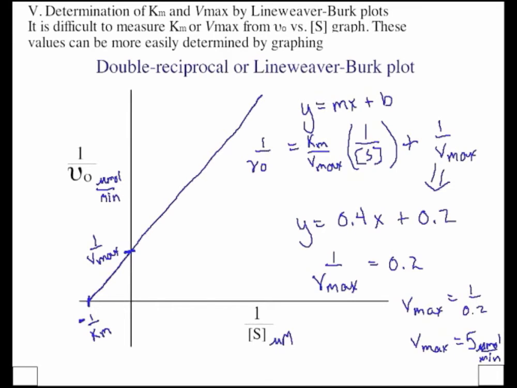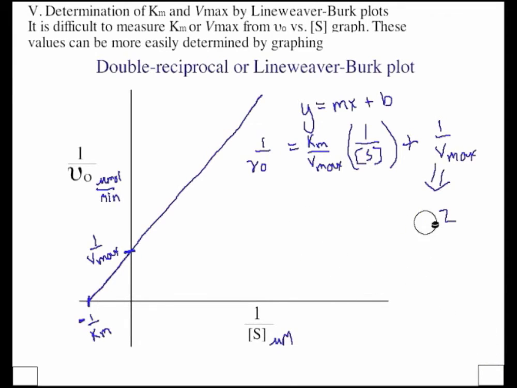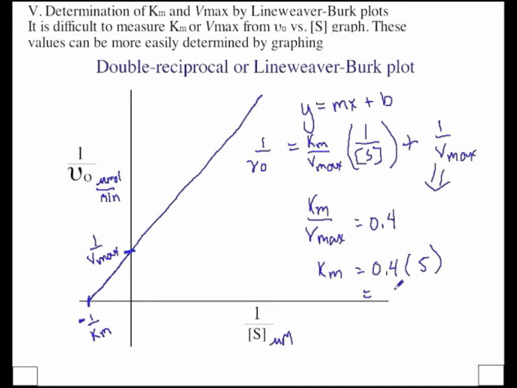So Km over Vmax equals 0.4, and we now know Vmax is 5, so Km equals 0.4 times 5, and that just equals 2.